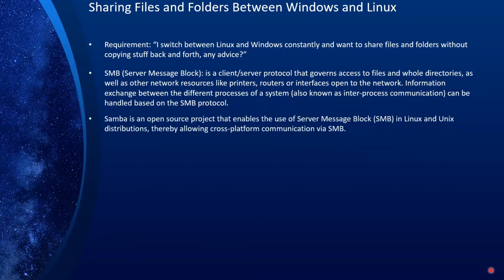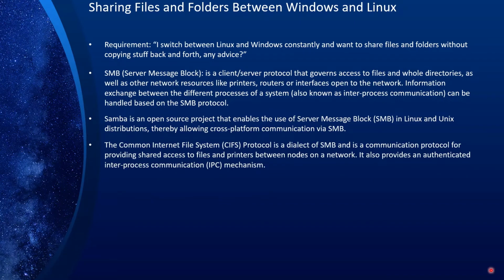In order to make that happen on Linux, there is something called Samba, which is an open source project that enables the use of Server Message Block, or SMB, on Linux and the Unix distributions, thereby allowing cross-platform communication via SMB.